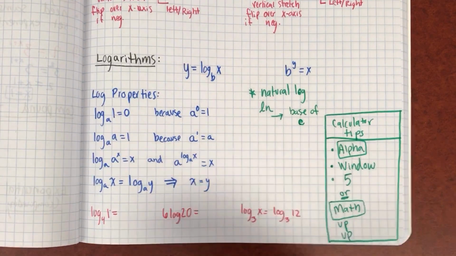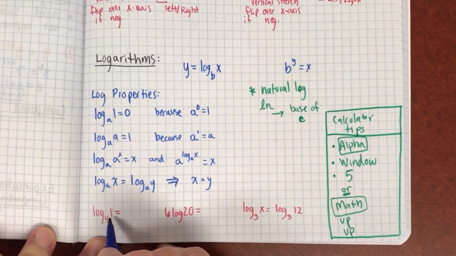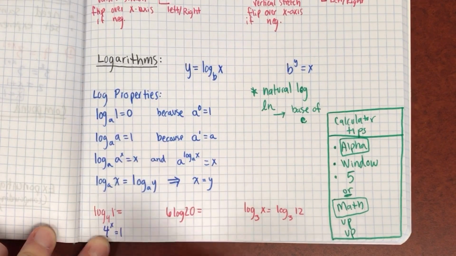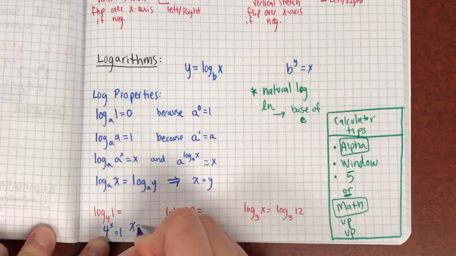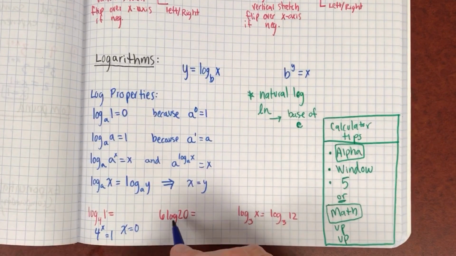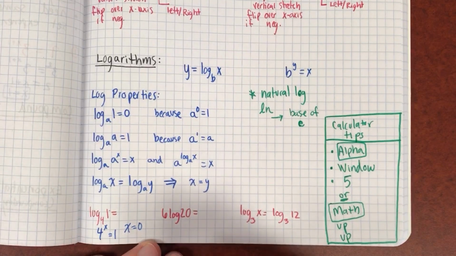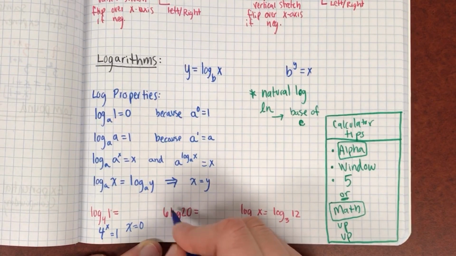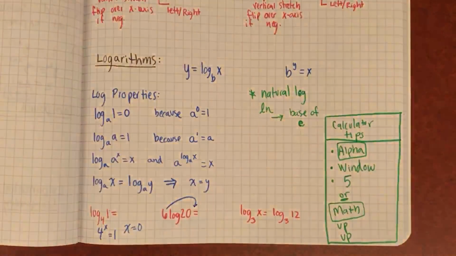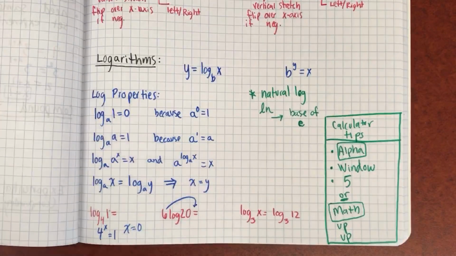Okay, a couple examples. Log base 4 of 1, well, that says 4 to what power equals 1? That would mean x equals 0. Okay. If we've got a coefficient in front, we can pop that back as an exponent.